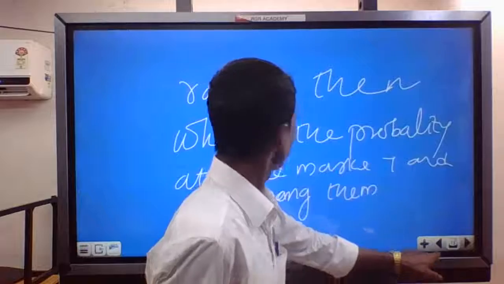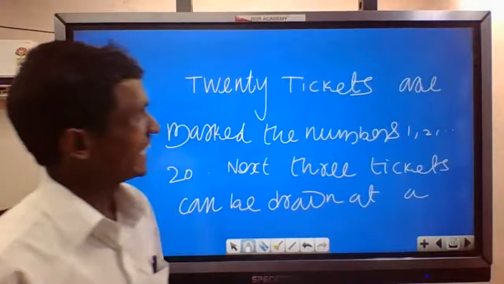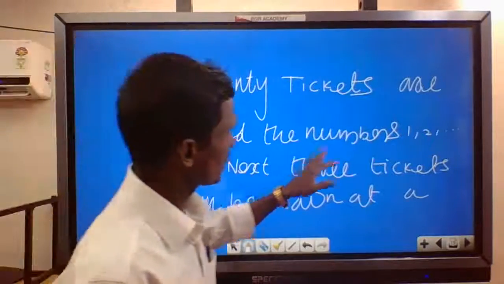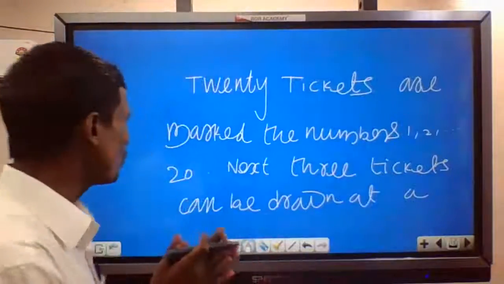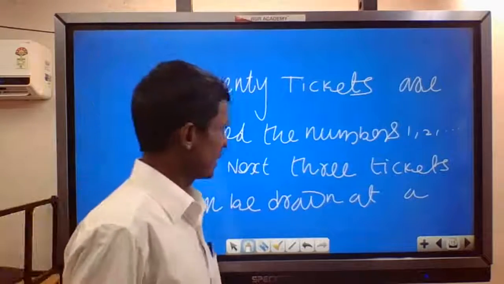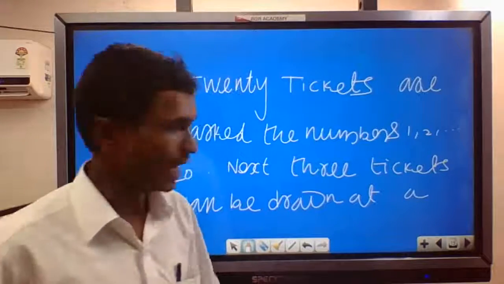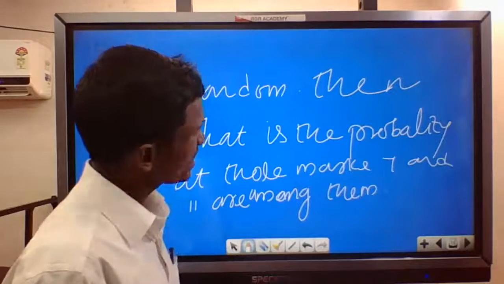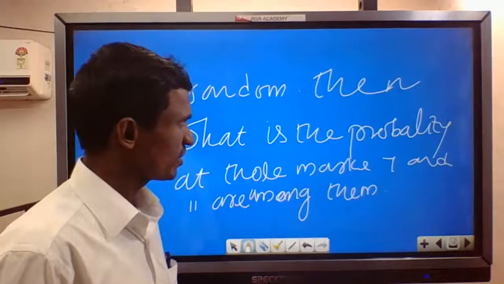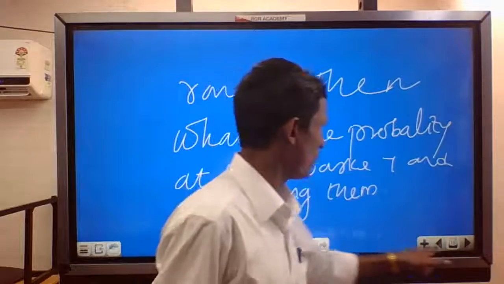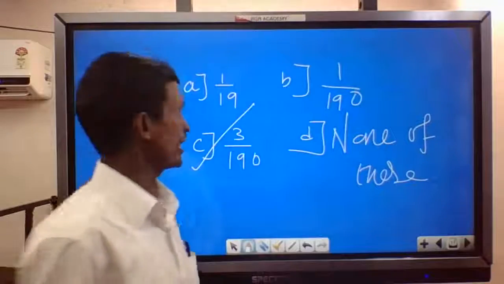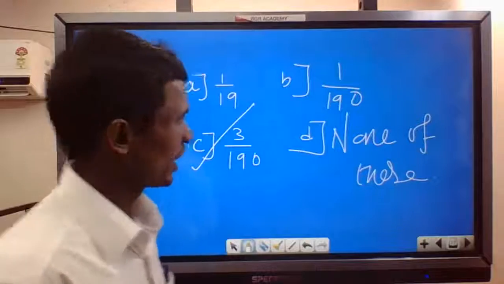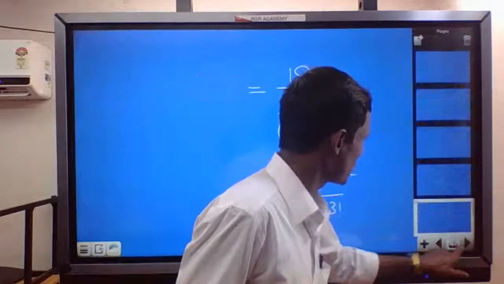Once again I read this problem. 20 tickets are marked with the numbers 1 to 20. Next, 3 tickets can be drawn at random. What is the probability that 7 and 11 are among them? Options: 1 divided by 19, 1 divided by 190, 3 divided by 190, and none of these.